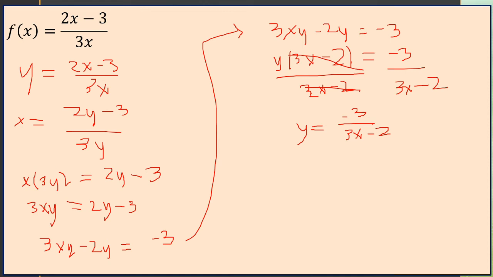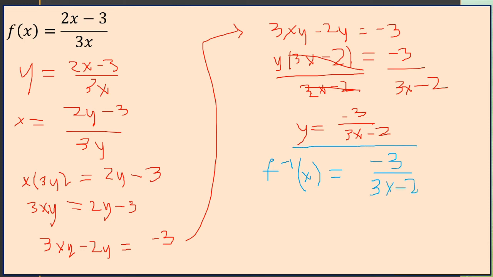Hindi pa yung final answer. Ang final answer will be in the form of inverse. So, we have f raised to negative 1 of x, the inverse of the function, is equal to negative 3 all over 3x minus 2.